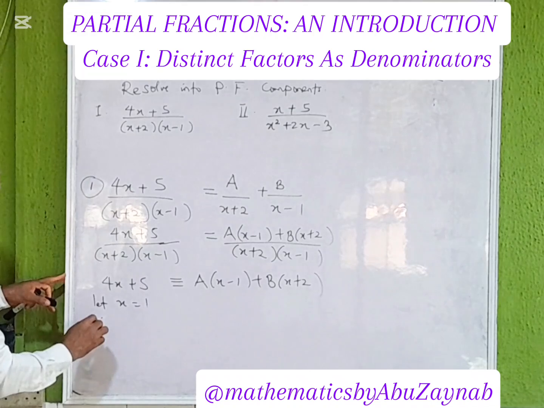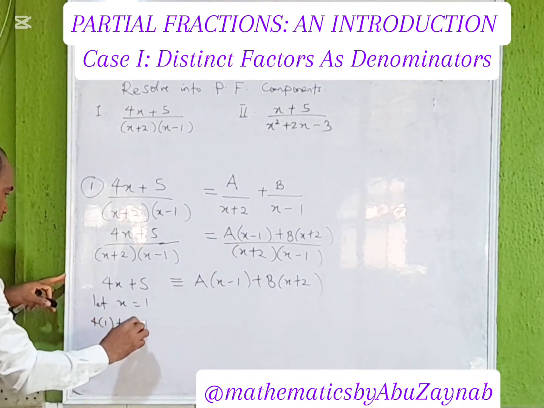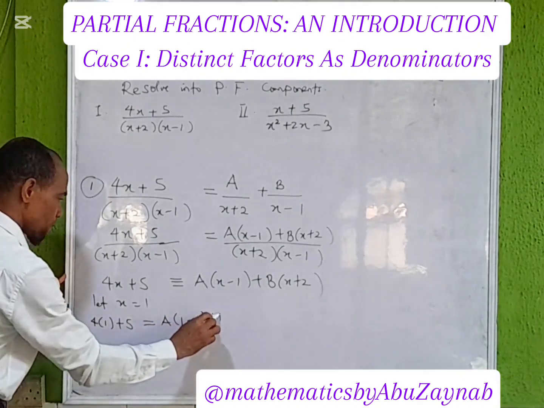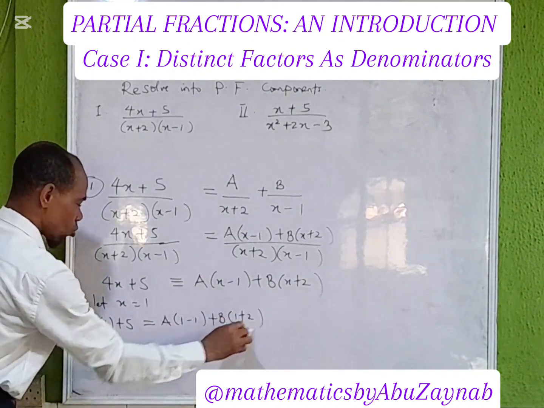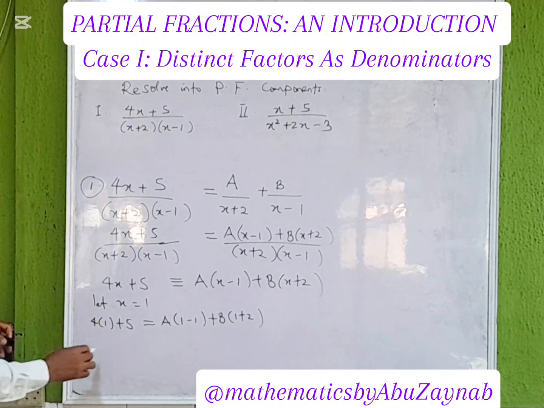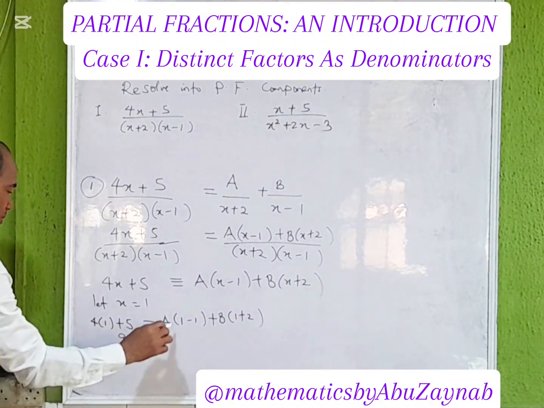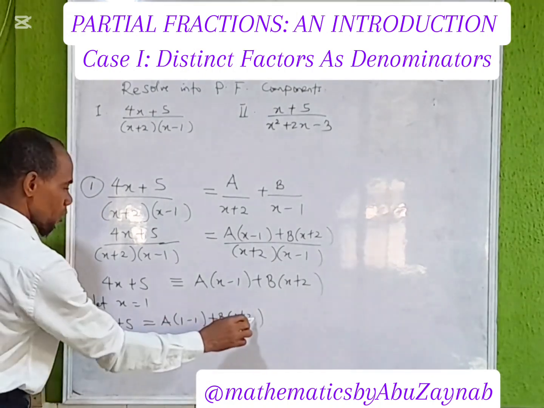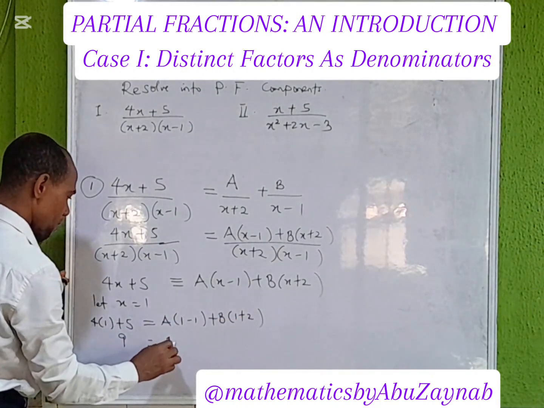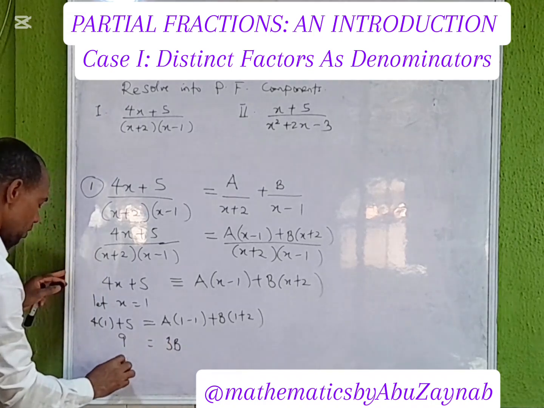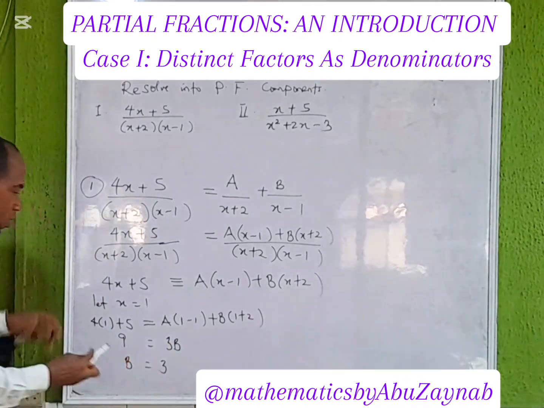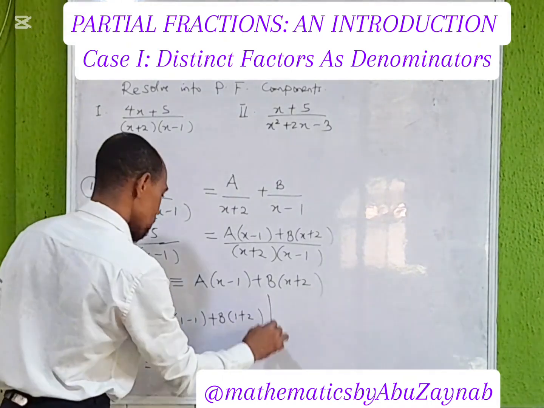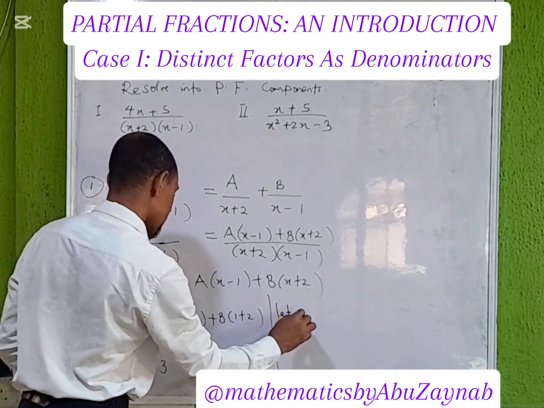I'm going to have 4 times 1 plus 5 is equal to A, 1 minus 1 plus B, 1 plus 2. So 4 times 1 is 4 plus 5, 9. 1 minus 1 is 0 times A, still 0. 1 plus 2 is 3 times B, 3B. Therefore, B is 3. We've gotten B as 3. So similarly, we say let x.